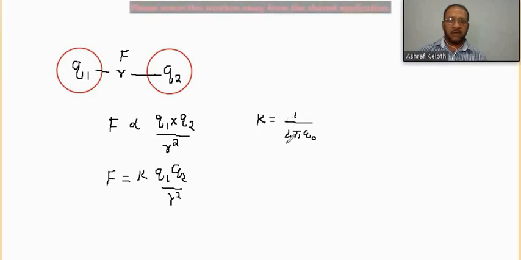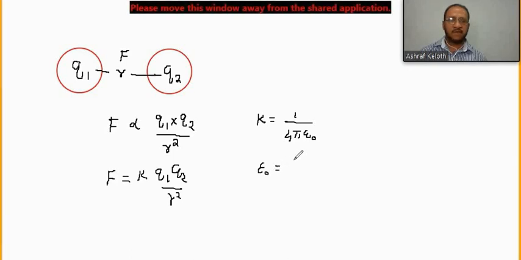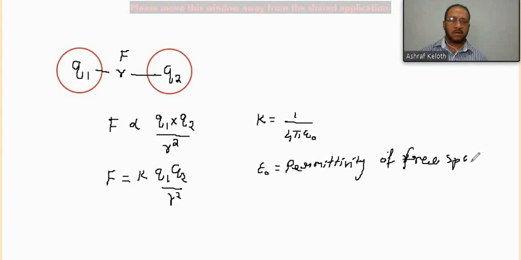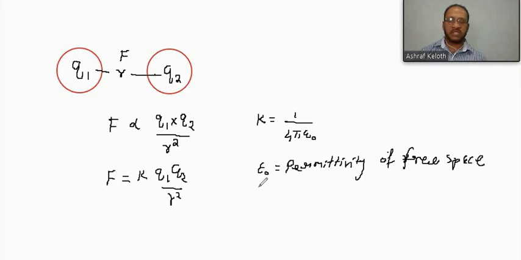In this, the quantity epsilon naught is called the permittivity of free space, or vacuum.